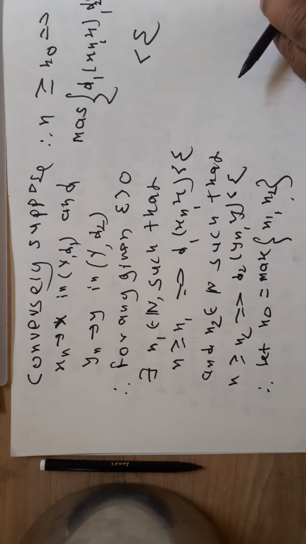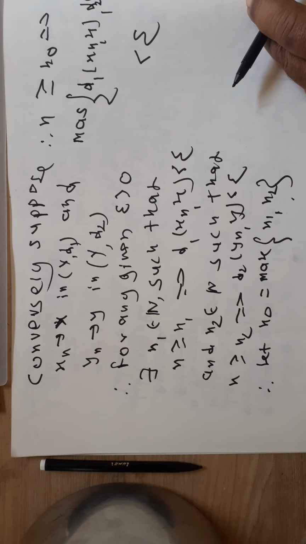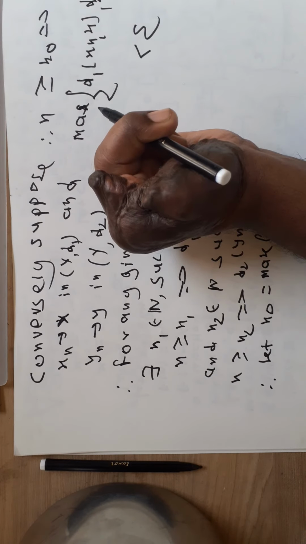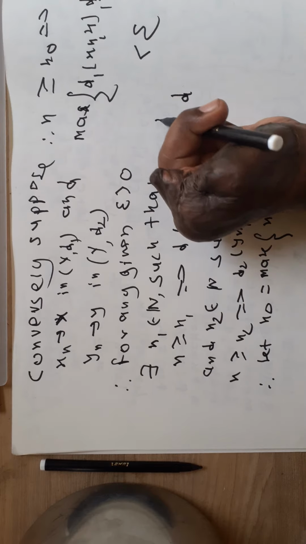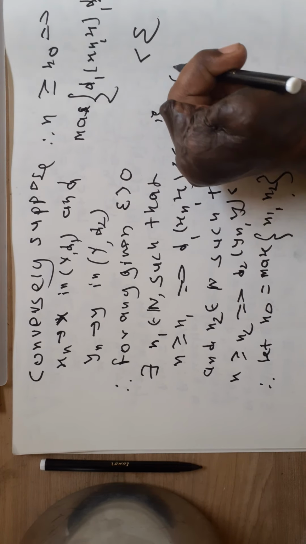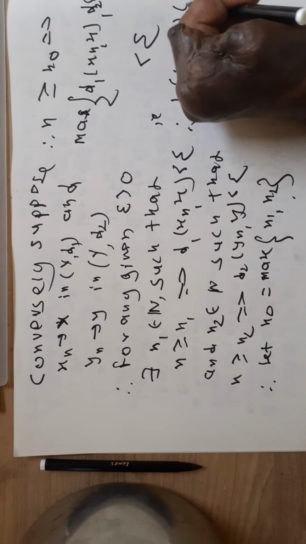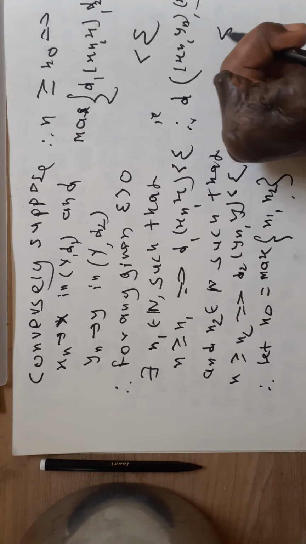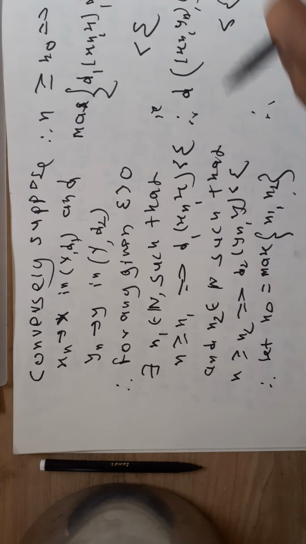Therefore d1(xn, x) is less than epsilon and d2(yn, y) is less than epsilon. Therefore the distance d between the point (xn, yn) and (x, y) is less than epsilon.